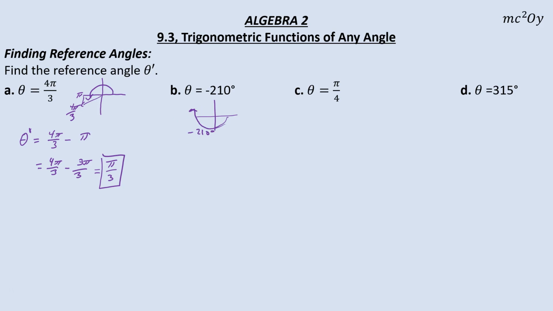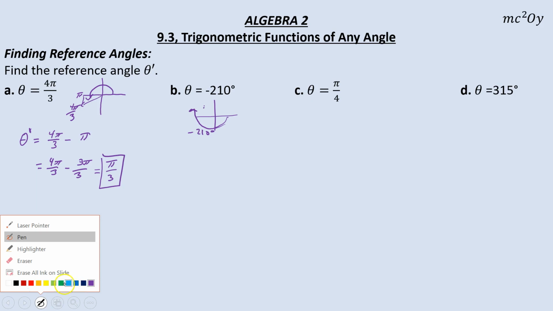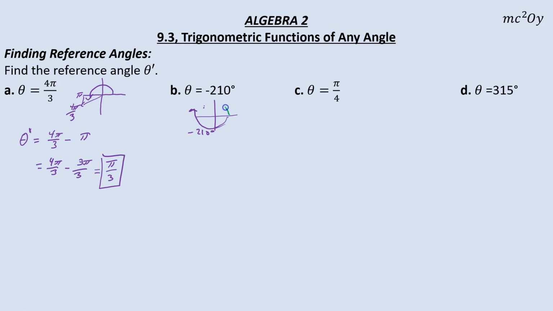First, I'm going to think, well, I'm in quadrant 2, but I'm going to think about what the actual coterminal angle is. So what will complete this circle? I've already traveled 210. I want to travel 360, so I'd need another 150. So my reference angle would be, or not my reference, but my terminal angle would be 150. They would end at the same spot, right?